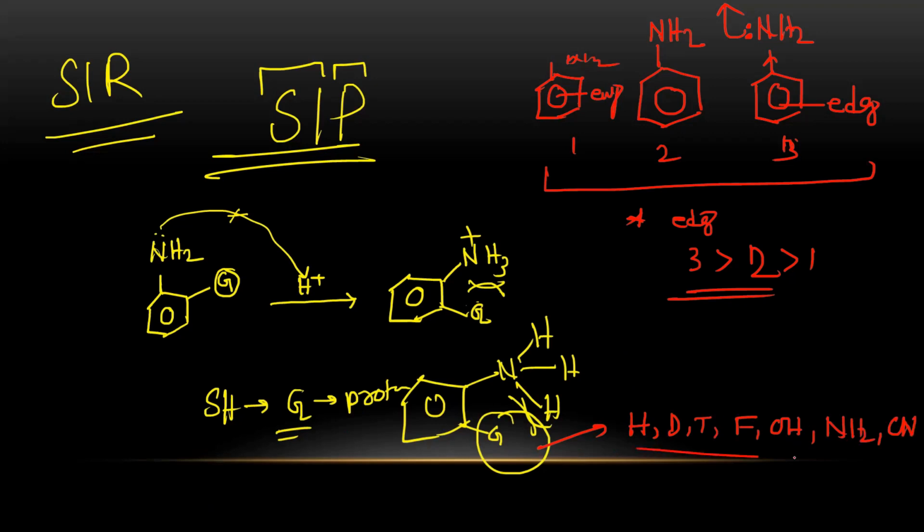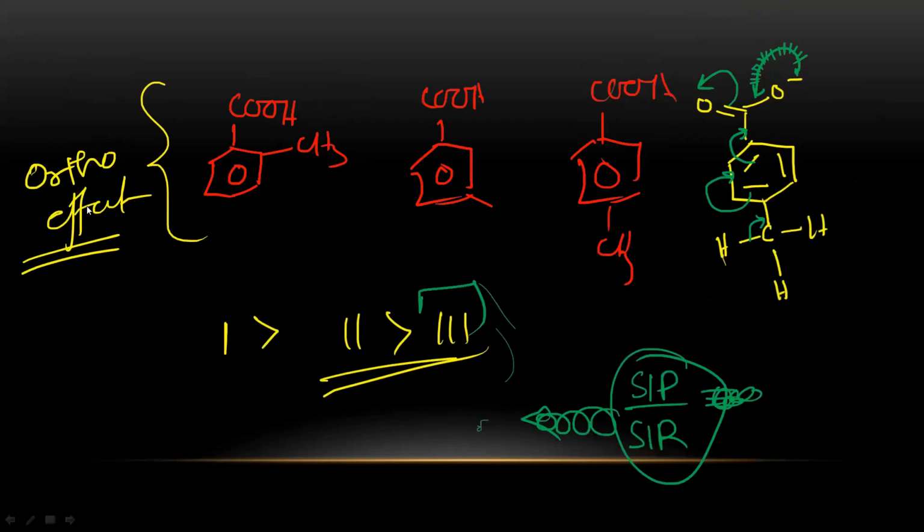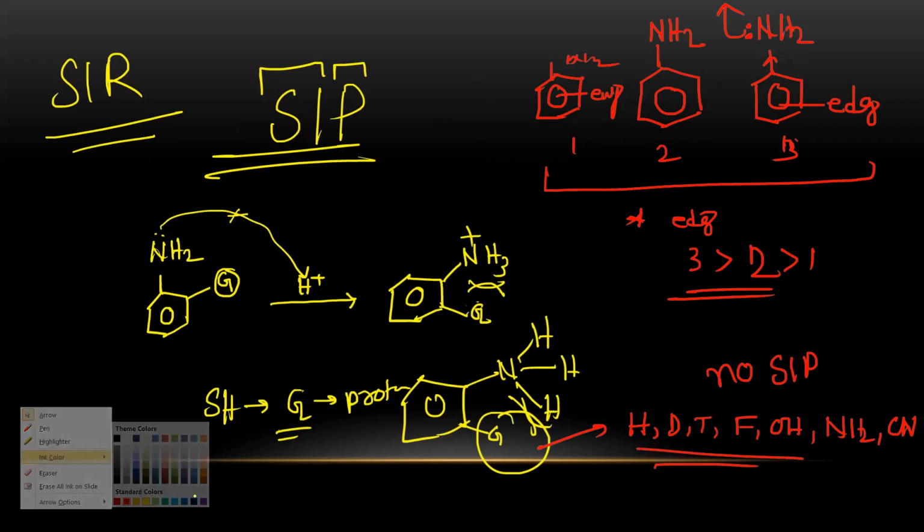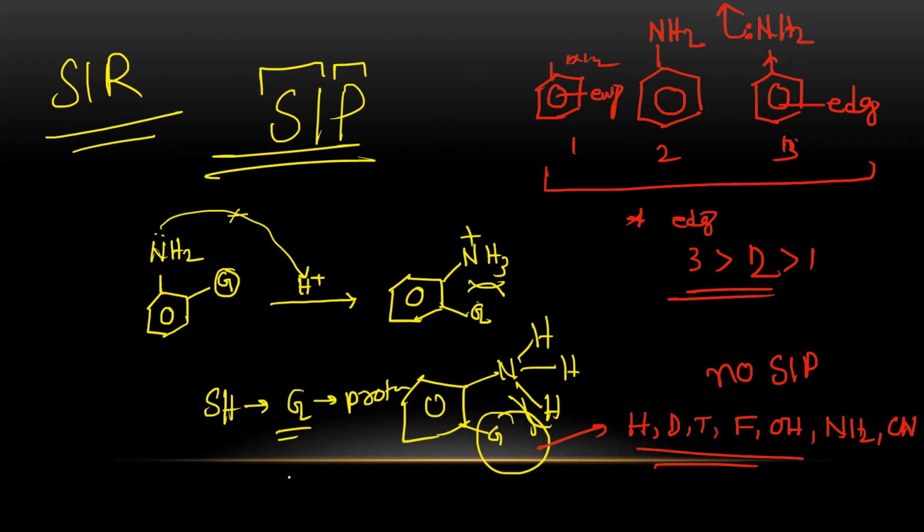So with these groups, there will be no steric inhibition of protonation. And this similar kind of thing also applies for this ortho effect. If in place of CH3, these groups are there, then also there will be no ortho effect or steric inhibition of resonance. Okay, so now tell me one thing.